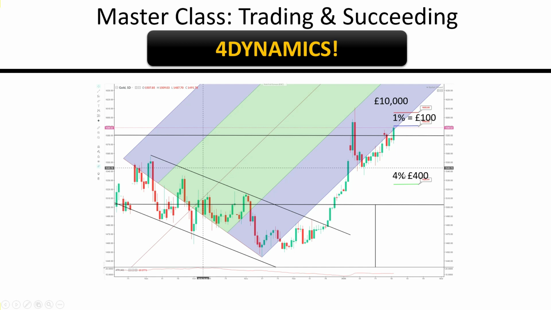That's a 4-1 risk reward. Some people like to trade 2% of their account balance, which would be £200, but the reward would then be £800. It's still the same, but your risk management is 4-1.